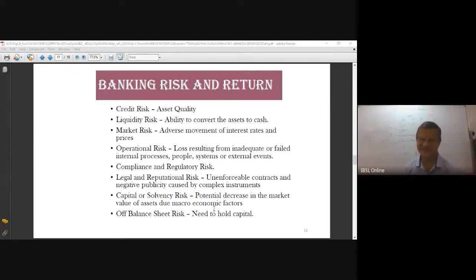Legal and reputational risk is when you do any contracts, and if you don't do your part, the other party can sue you. Capital or solvency is the potential decrease in market value of assets due to macroeconomic factors. Now, this is one of the major areas under stress conditions.